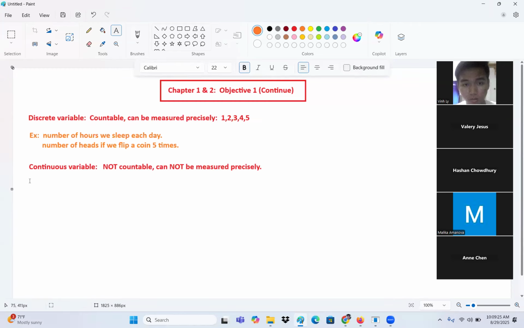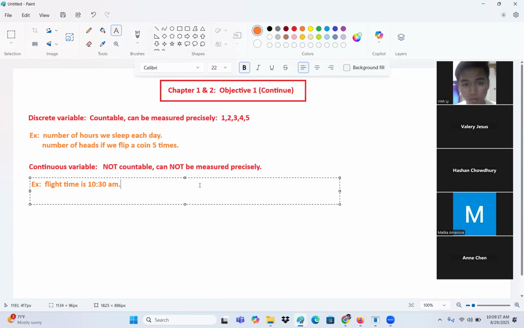Say the flight time is 10:30 a.m. It sounds like we can count the time, 10:30, but this is not the exact time. You can't tell that it is exactly 10:30 a.m. It can be 10:30 and then half a second, or 10:30 and then 28 seconds.